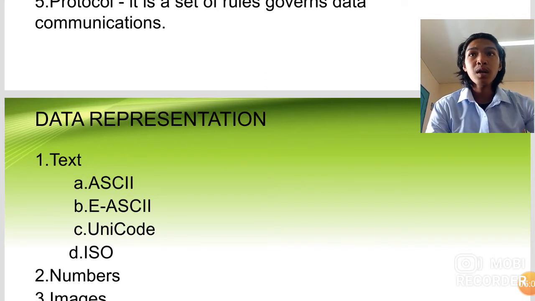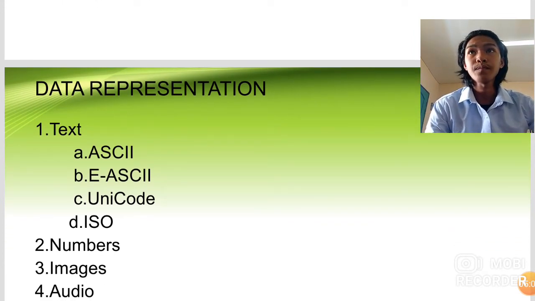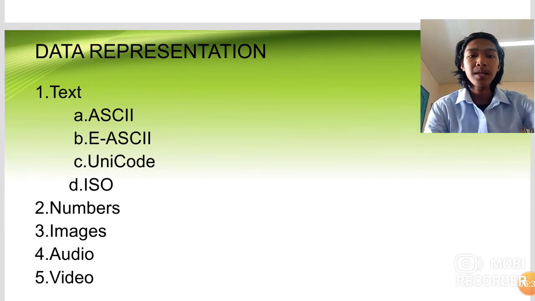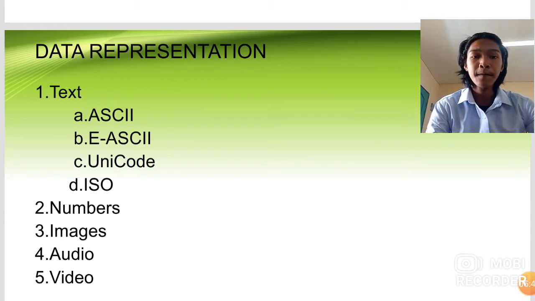ISO, International Organization for Standardization, is an independent non-governmental international organization that develops standards to ensure the quality, safety, and efficiency of products, services, and systems.